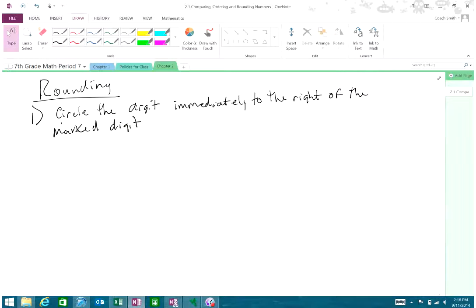So that's the first one. So for example, if I had this right here, 12.0092, and they marked the thousands digit, okay, then we're going to circle the digit immediately to the right.